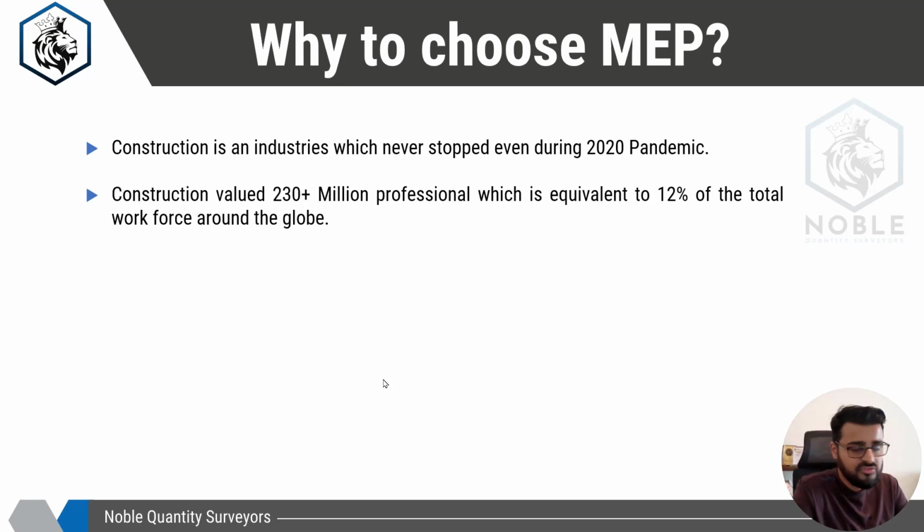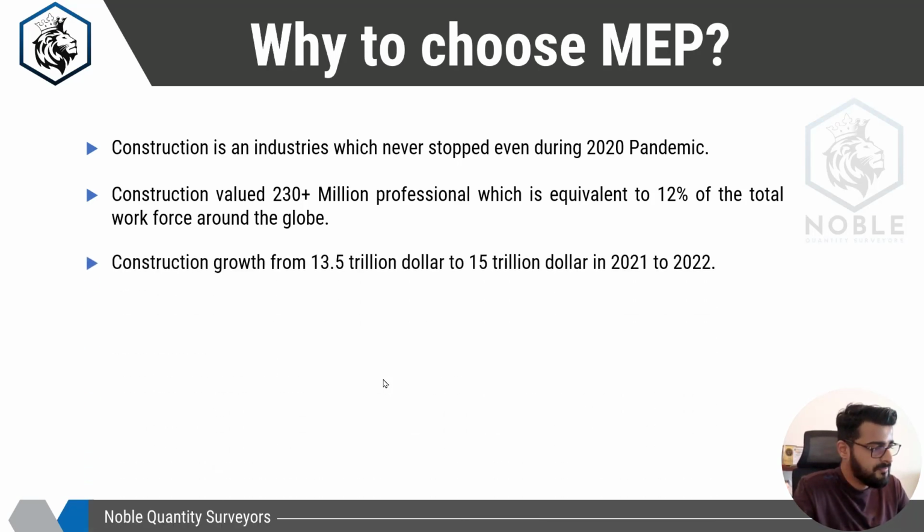So this is why it is a very big industry, and it is necessary for engineers to choose building construction as their profession. The growth of this industry is from $13.5 trillion to $15 trillion from 2021 to 2022, which is a very big value.